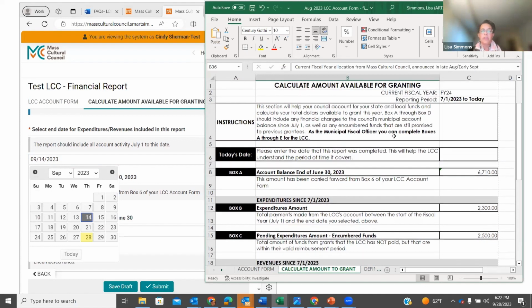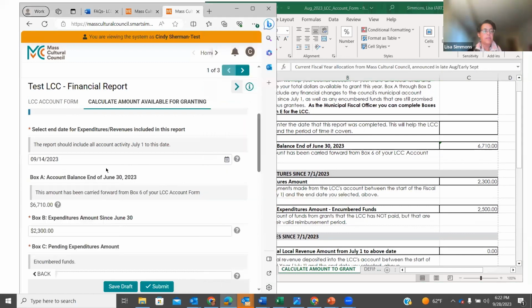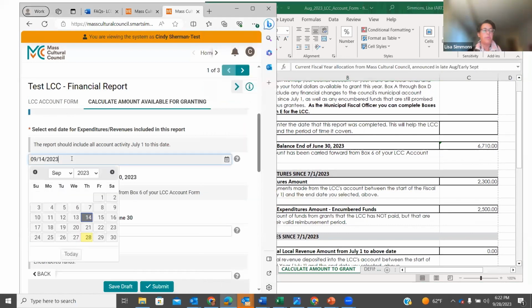And then you are going to be asked, what is the date? The report should include all account activity July 1st to this date. Oftentimes this is filled in with 6/30. This isn't the end of the prior fiscal year. This date is the date that you and your town accountant have met and have made a decision about the fiscal 24.